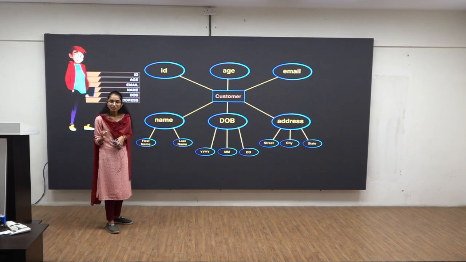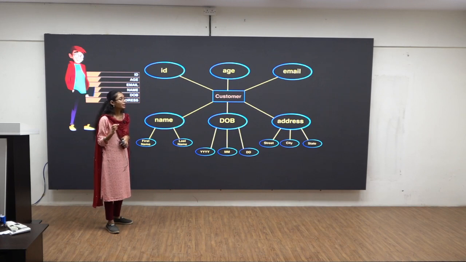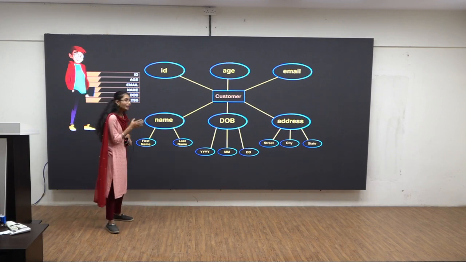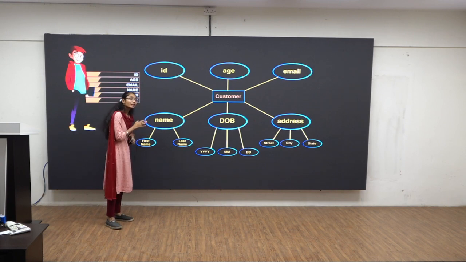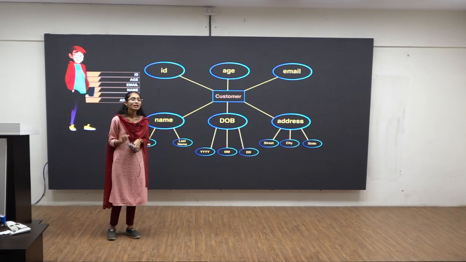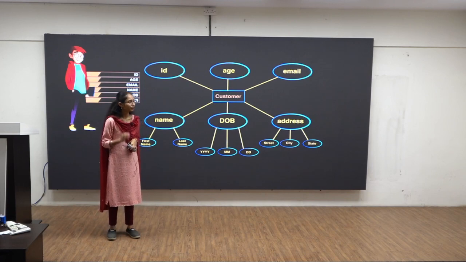Understand, attributes which cannot be divided further are technically called simple attributes. What are they called? Simple attributes. And attributes which can be divided further are called composite attributes.